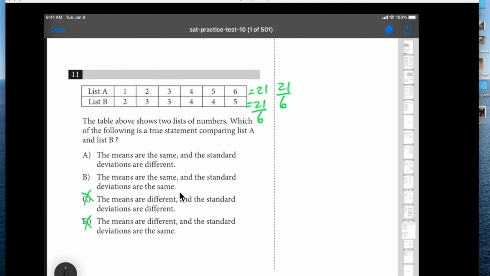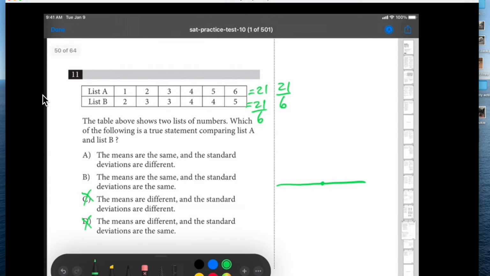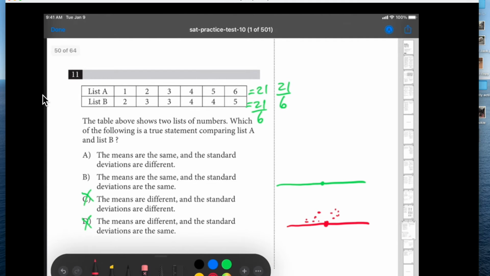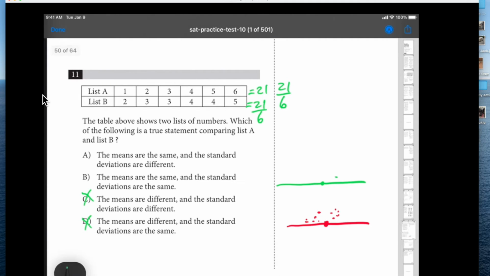So now they talk about standard deviation. What is standard deviation? Standard deviation is the average distance from the mean. So if you have the mean here, or the average, and two sets of points, I'll do them in different colors. They have the same mean. You could have one group of numbers that are very close to this mean, and then another group of numbers here, same mean, but the points are further from the mean.